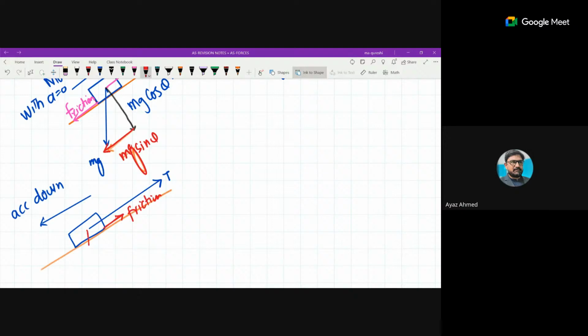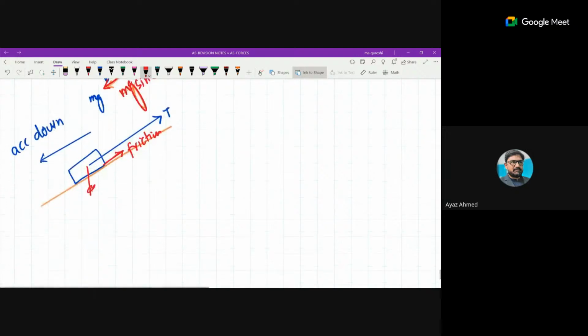And if the weight force is resolved into components, this is its weight, mg, and this will be its mg cos theta, and this is its mg sine theta.